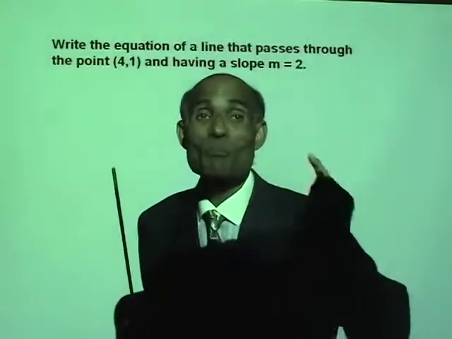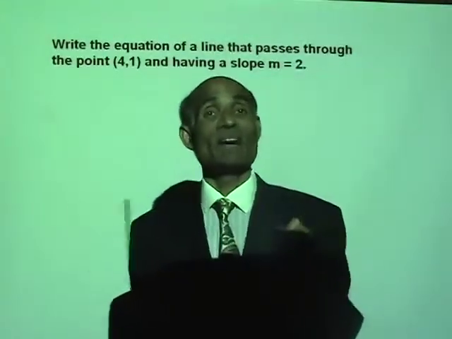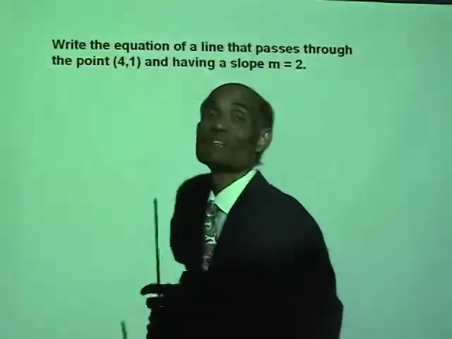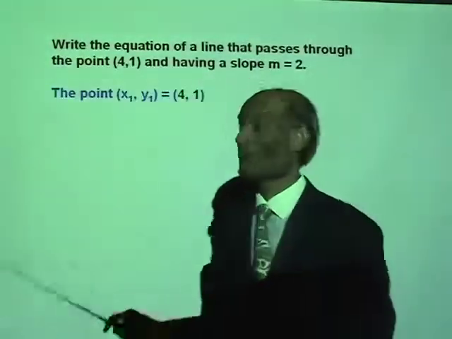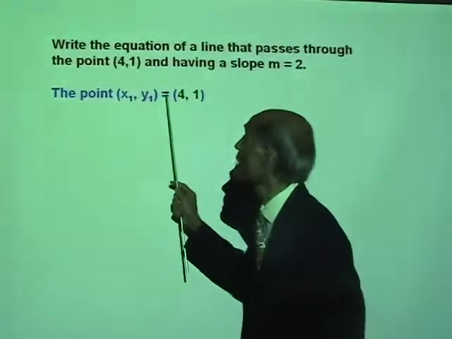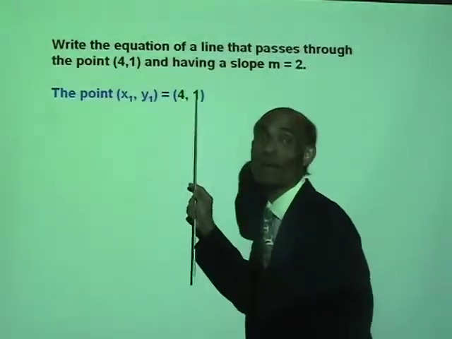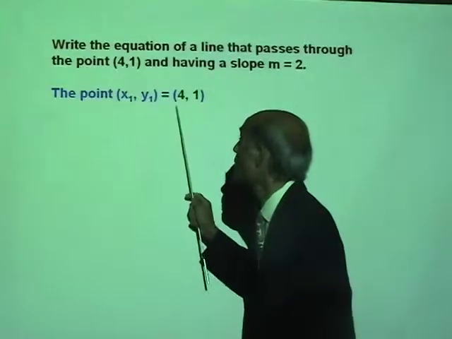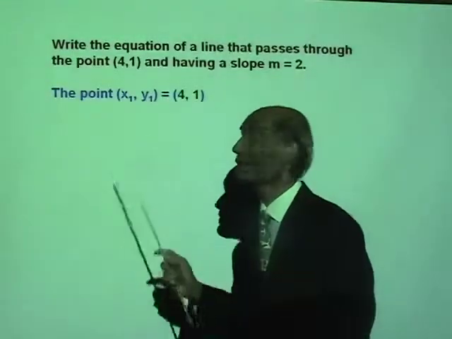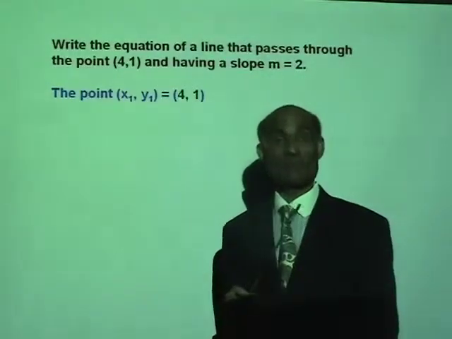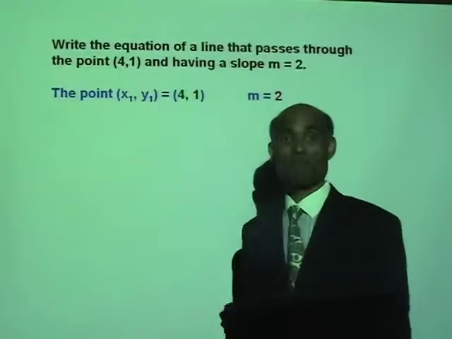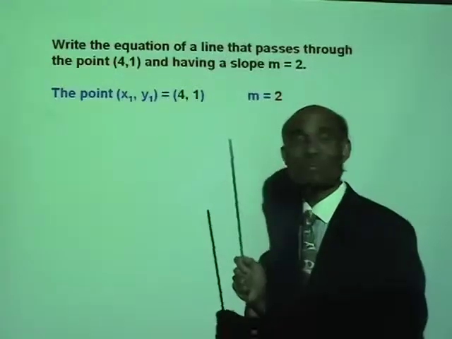You are given a point on the line and you are given the slope. You need to write the equation. Well, the point (x1, y1) is (4, 1), which means the value of x1 equal to 4 and the value of y1 equal to 1. That's the meaning there. And the slope m equal to 2.